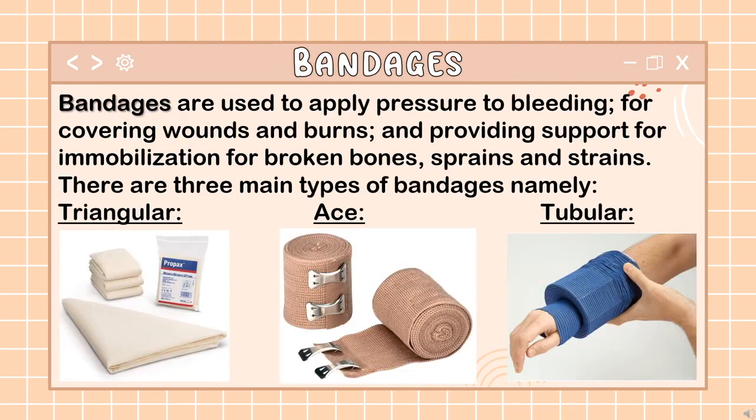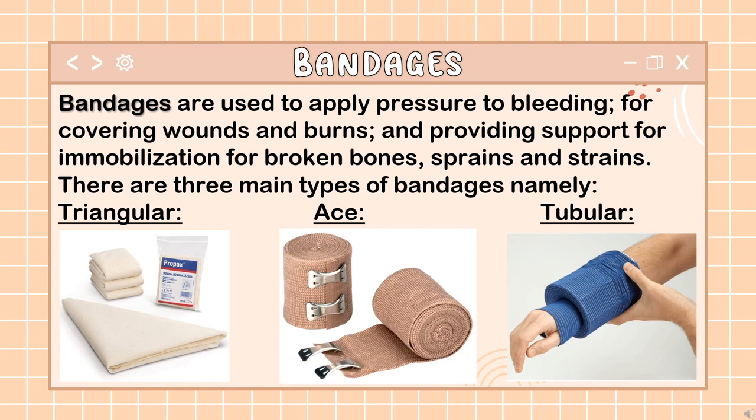Next one is bandages. These are used to apply pressure to bleeding, for covering wounds and burns, and providing support for immobilization for broken bones, sprains, and strains. There are 3 main types of bandages, namely triangular, ace, and tubular.